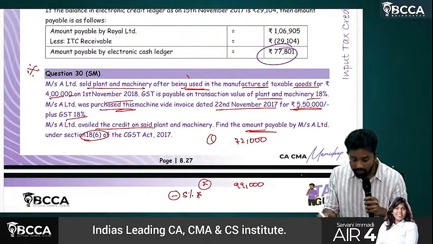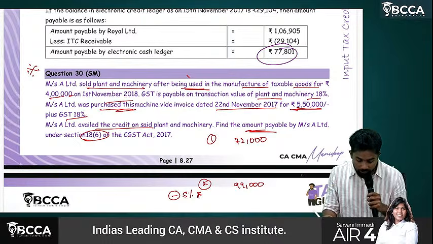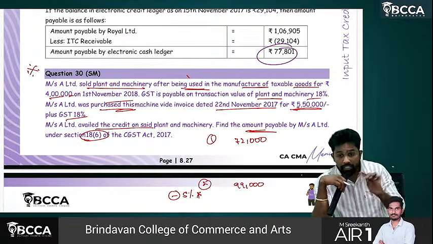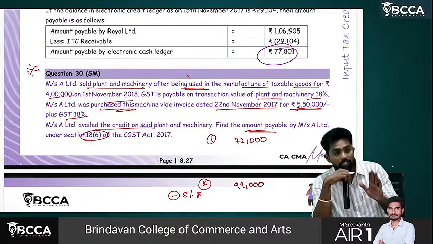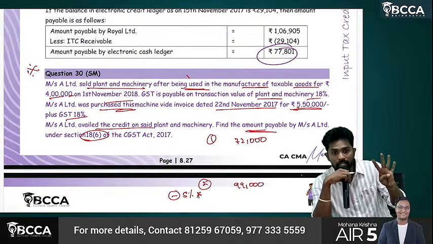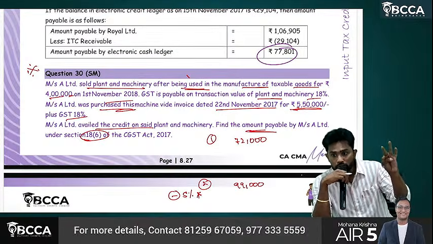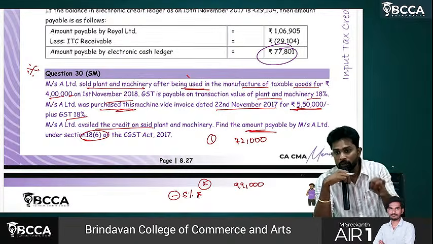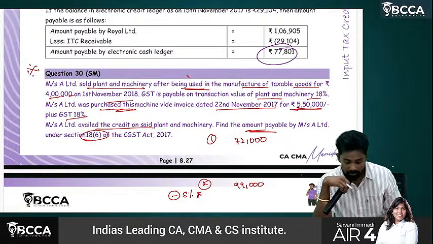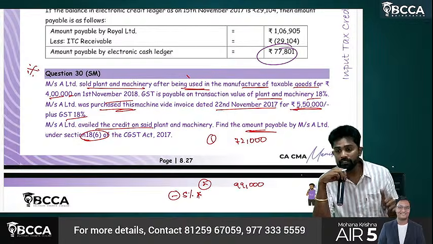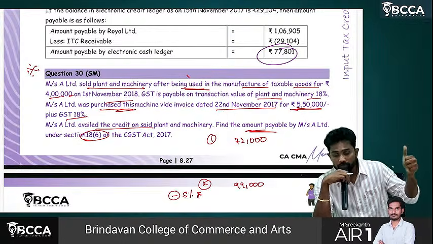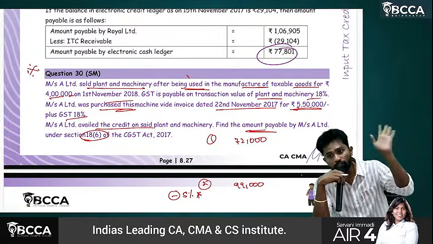So how many quarters they used? 5 quarters. Sir, quarters means you cannot check year to year. A quarter is always a period of 3 months: January to March, April to June, July to September, October to December. Only these 3-month periods are called quarters. Here in 2017 they used November, December, that is quarter 1. And in 2018 they used all 4 quarters.